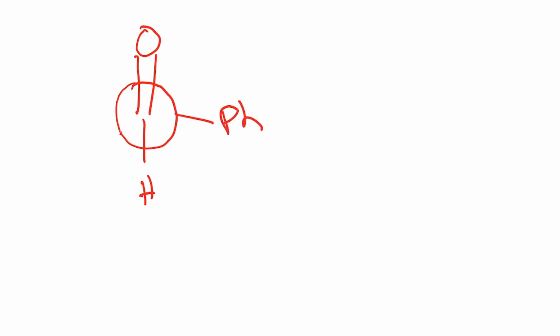So if you draw out this conformation, the most important conformation, then you have the phenyl here, hydrogen here, and methyl here, and the nucleophile is actually attacking from here, right, as we described it.